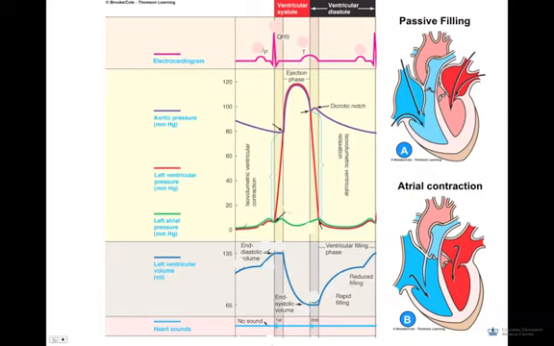What happened to aortic pressure when we closed that aortic valve? We got this little bump here that we call the dicrotic notch. This bump is a reverberation of pressure when that aortic valve closes. Blood reverberates against the walls of the aorta, and it causes this bump in pressure.